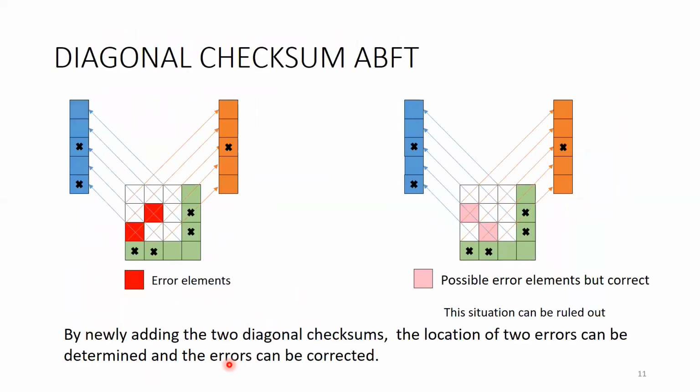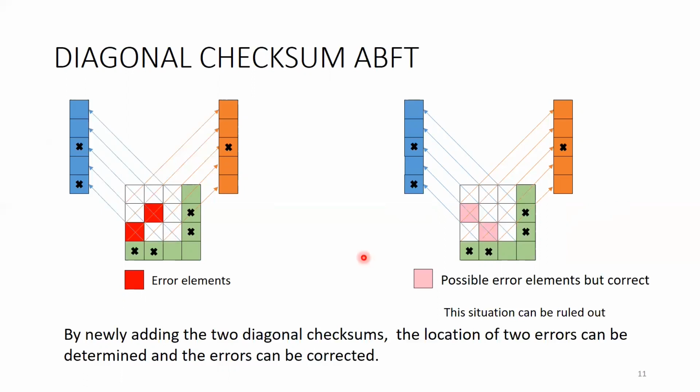Here is an example of diagonal ABFT detecting and correcting two errors in a matrix. The red blocks indicate the elements where the error occurred. Pink blocks indicate the elements that could be wrong but are actually correct. There are two rows and two columns marked inconsistent.